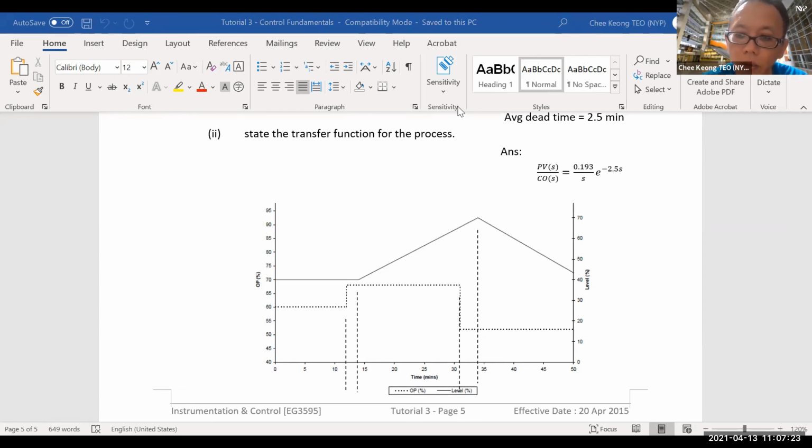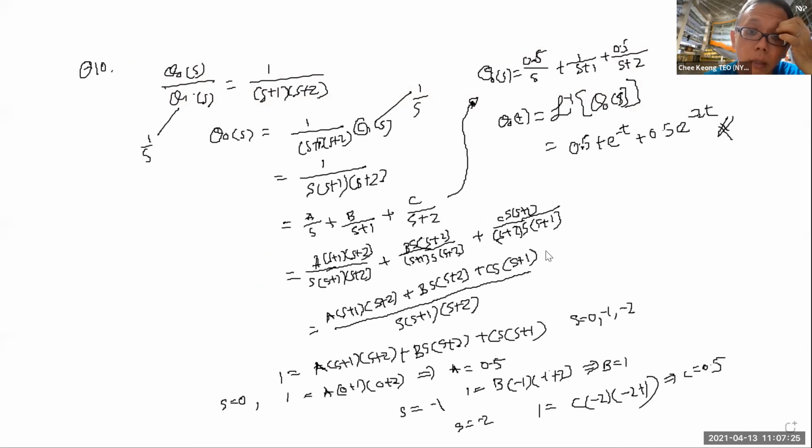Let's go back to the board and clear this. Okay, so the first slope: on top here is 70, below here is 40, right?